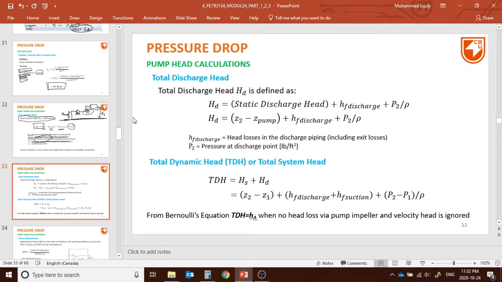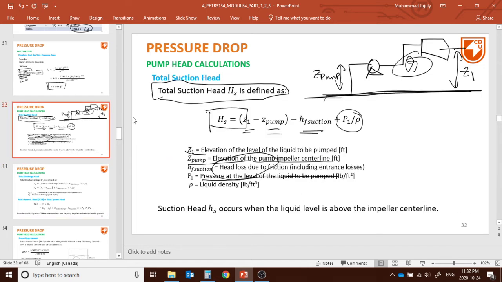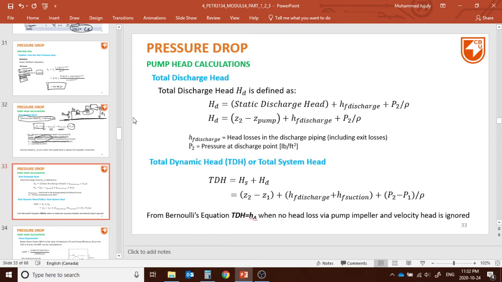Now, what is the total discharge head? Total discharge head is defined as Z2 minus Z pump plus HF discharge plus P2 by rho. And what is Z2?